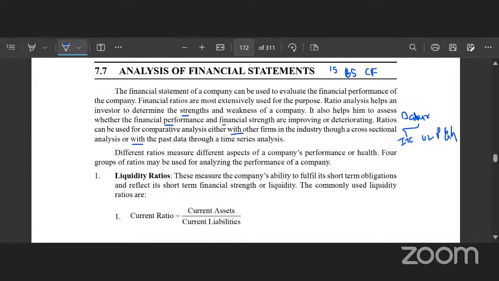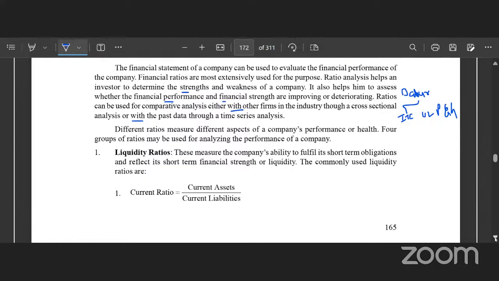So the ratio analysis is used to determine the strengths and weaknesses of the company, and to know whether financial strength and performance are improving or deteriorating. It can be used to compare the firm's performance with its competitors or its own performance in the past.